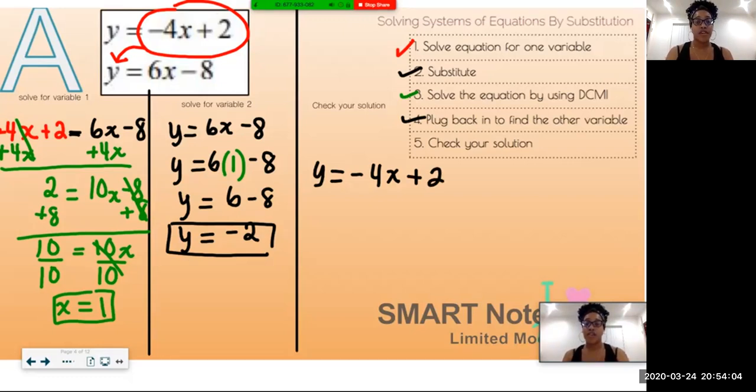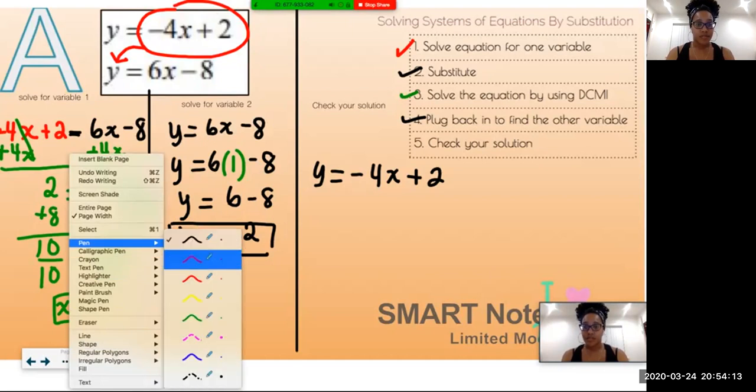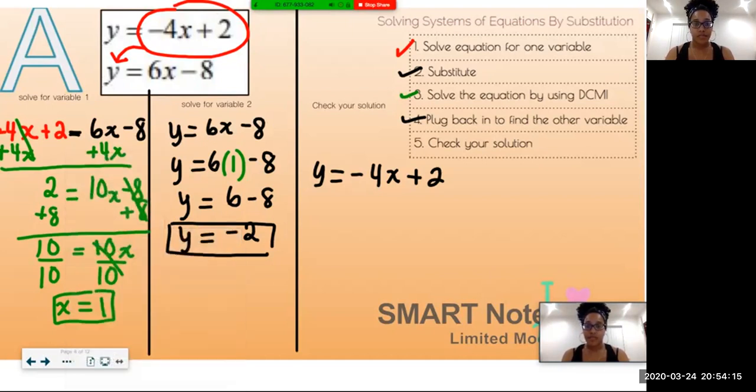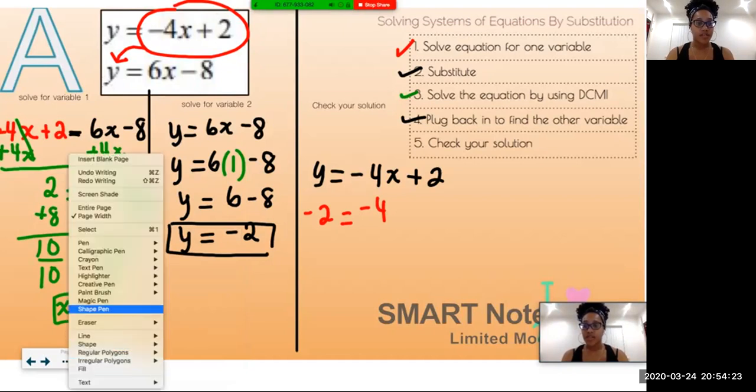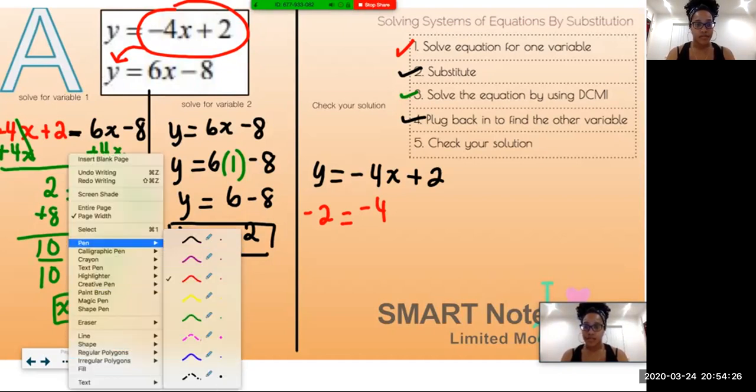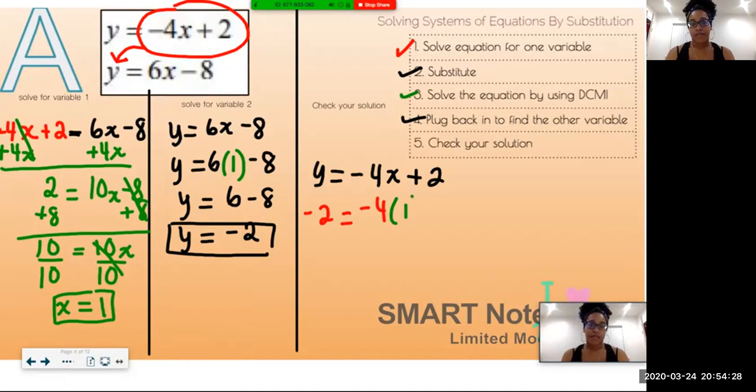Okay, so y equals negative 4x plus 2. So I figured out that my y was negative 2. Is equal to negative 4. My x we just figured out was 1, right? So negative 2, I bring that down.